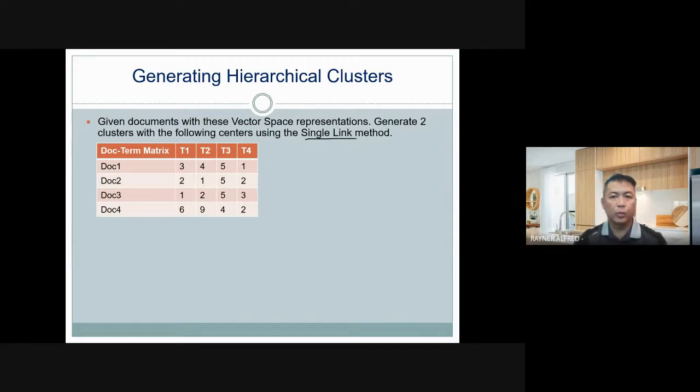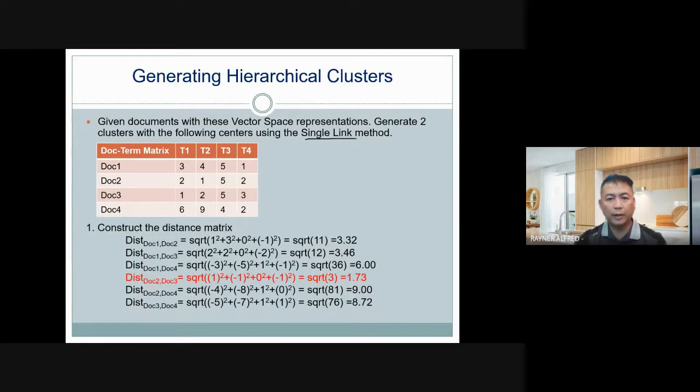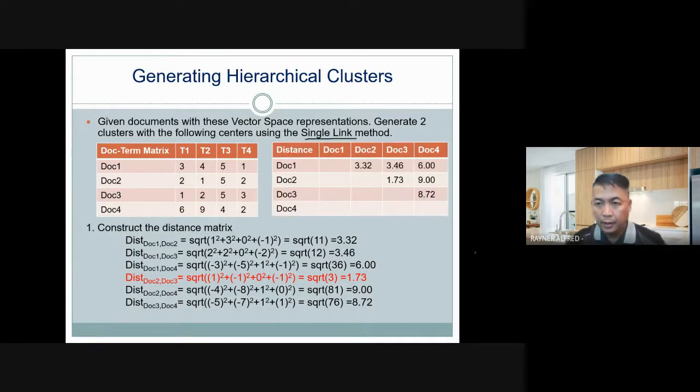Okay. So we do the same thing. We construct the distance matrix for this one again, because at the initial stage we assume one document as one cluster. Okay, so for each document, they become the individual member in that cluster.